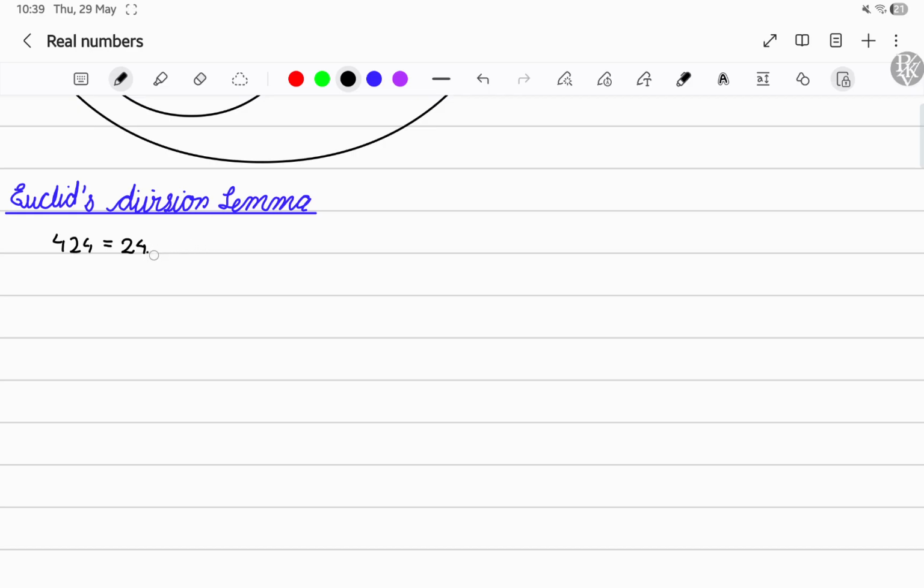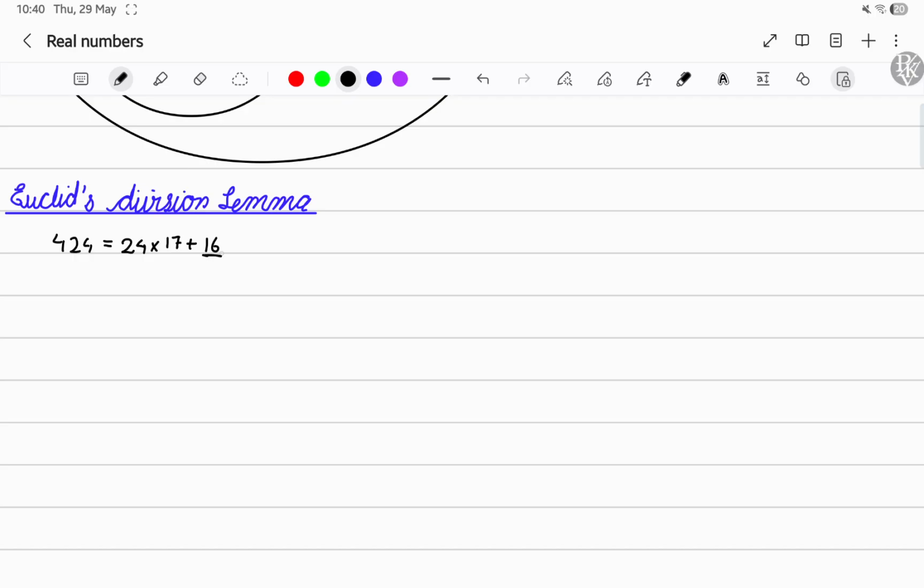So we can see that 24 multiplied by 17 plus what? I think it's 16. Okay, so we can write it like this.